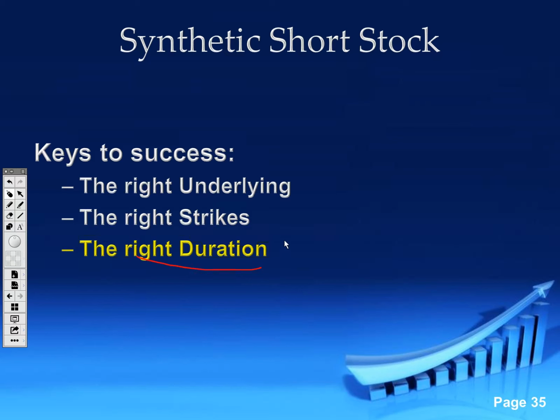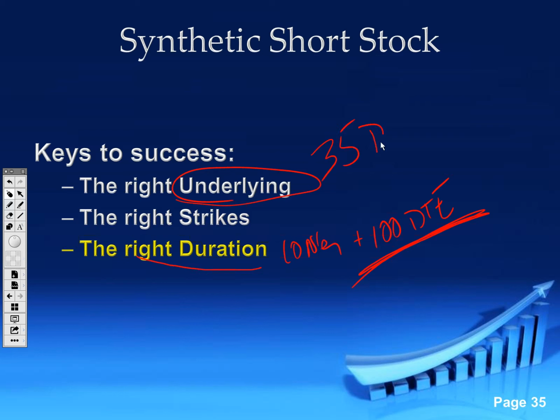I'm not saying 200 days, but I'm usually looking at plus 100 days to expiration. Now, if we are implementing the strategies with 100 plus days to expiration, when I talked about picking the right underlying, that's still looking at it at 35 days to expiration. These markets at these long durations are going to be wider.